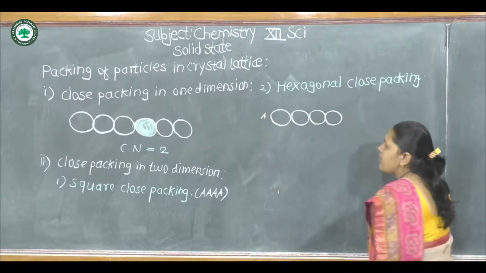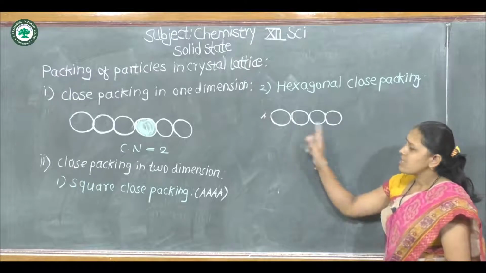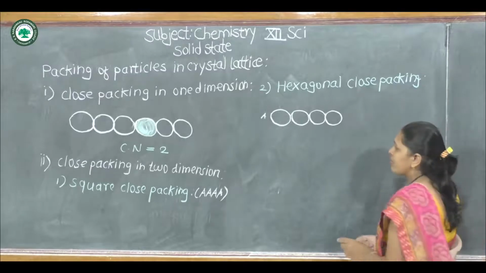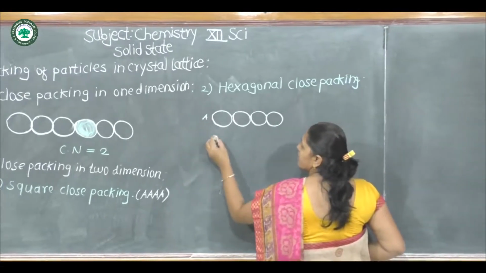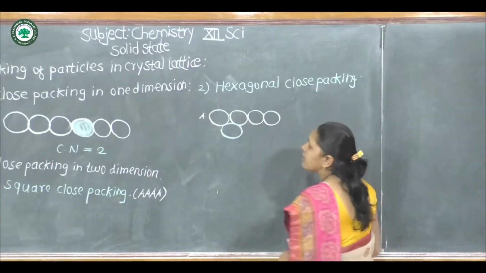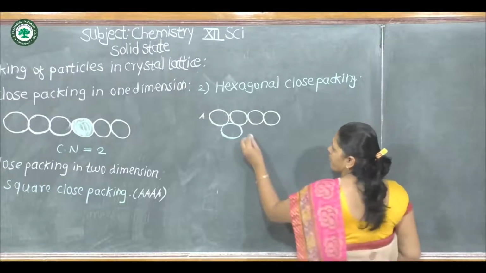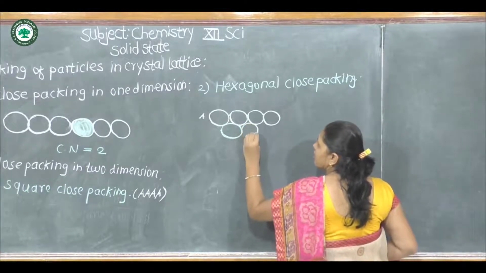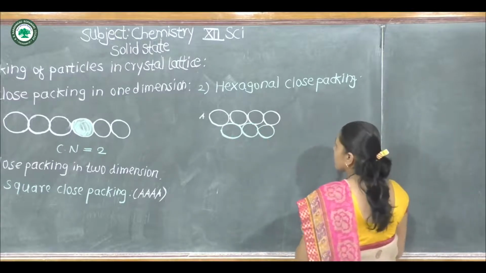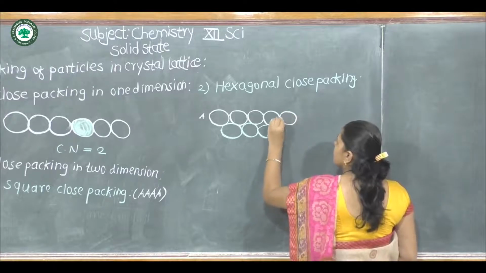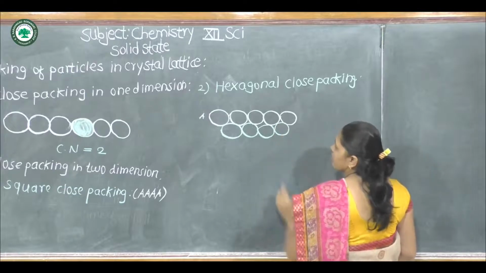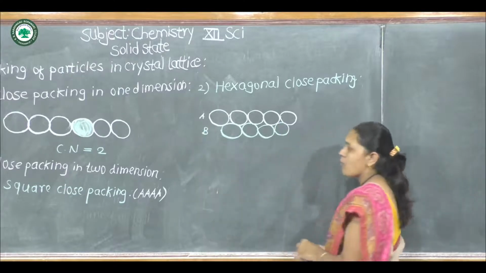Then the second row is placed in the troughs of the first row, therefore it is B type of arrangement.